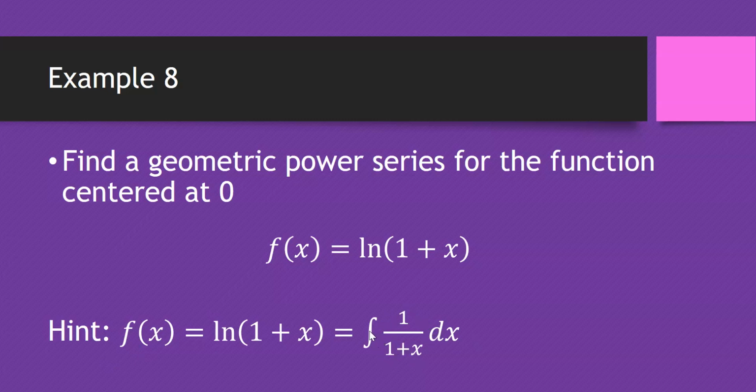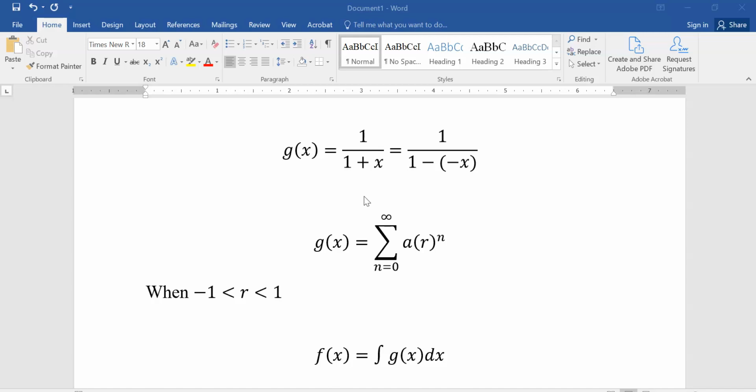So if I found the antiderivative of that, then that would be a geometric power series for the natural log of 1 plus x. Now, because I used f of x as the natural log, I'm going to use a different letter, g of x, as this 1 over 1 plus x this time.